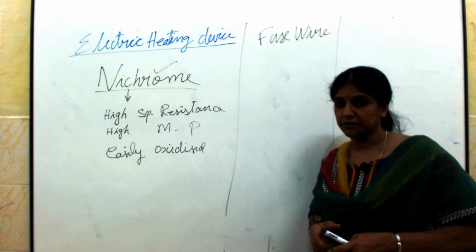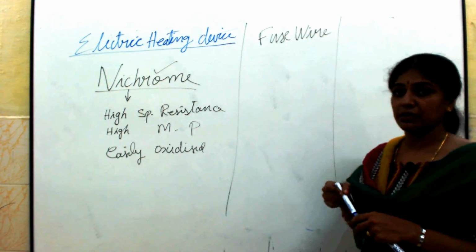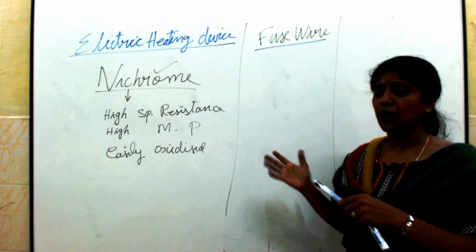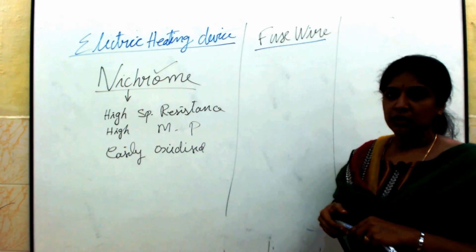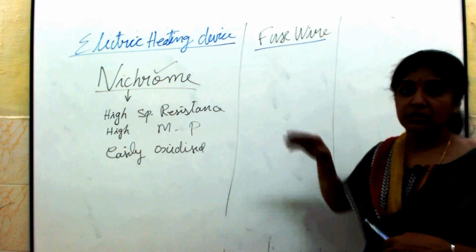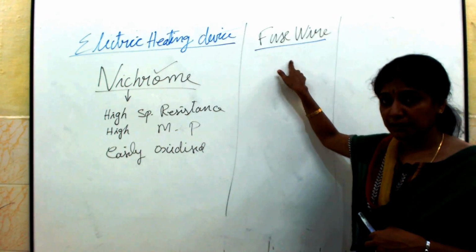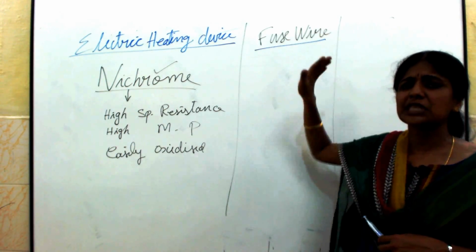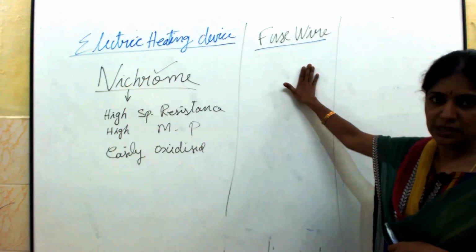Then if you go for the fuse wire, where can you see the fuse wire? What is the main use of the fuse wire? If a large amount of current flows in your electrical appliances, the fuse wire will help you to protect your electrical appliances from damage. This is the main use of the fuse wire, isn't it?